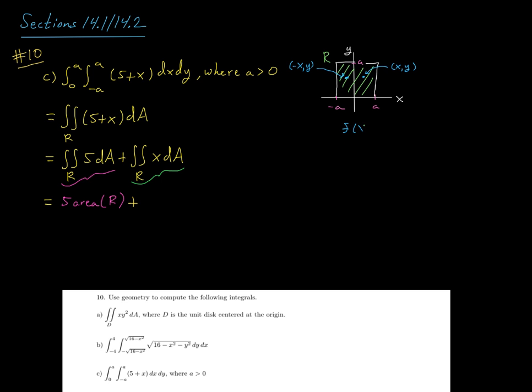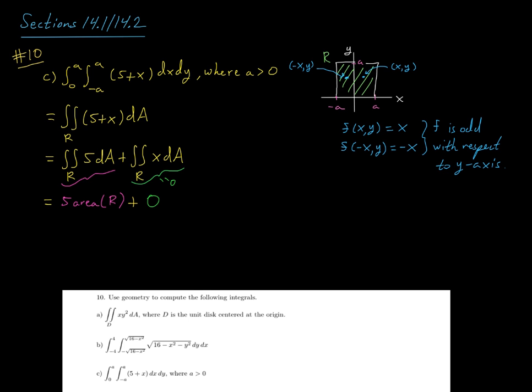Then f of (x, y), if that's just x, then f at (negative x, y) is negative x. And so again, we have that f is odd with respect to the y-axis. Okay, and so what does that say? It says, by that same kind of argument we used in part A, that this thing is just going to be 0, by symmetry.